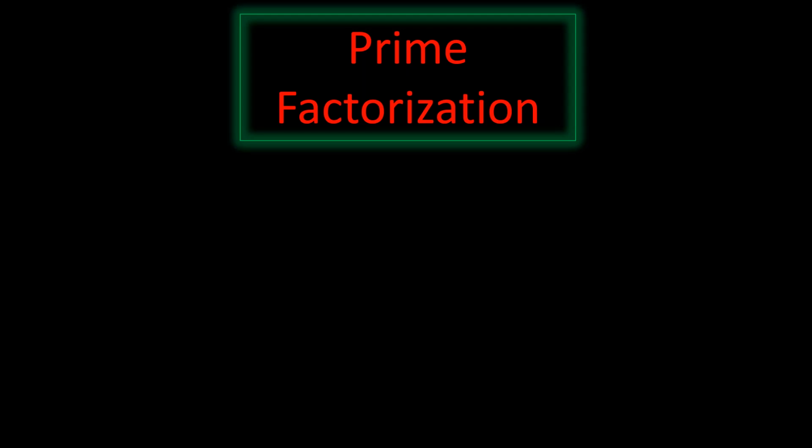So today I want to go over prime factorization, and the method I want to use to describe prime factorization is called the factor tree. The factor tree allows us to find the prime factorization of a number, so we'll end up with just all prime numbers.